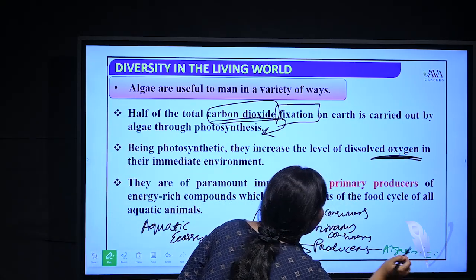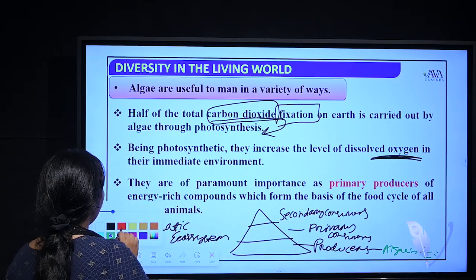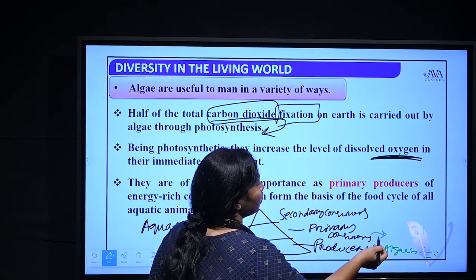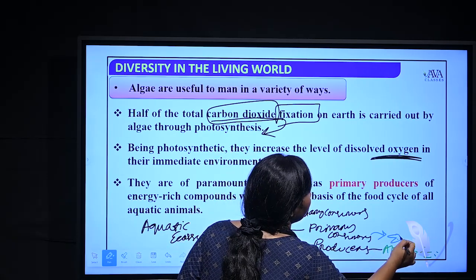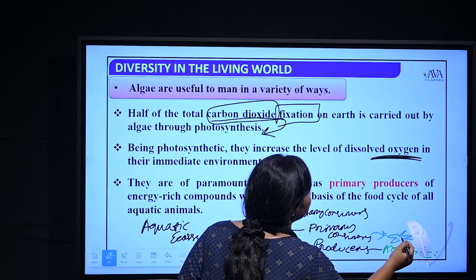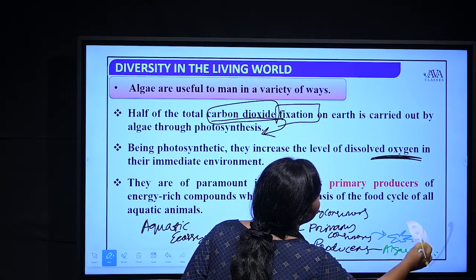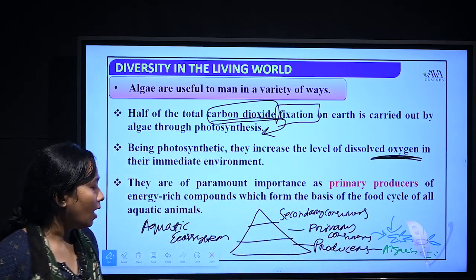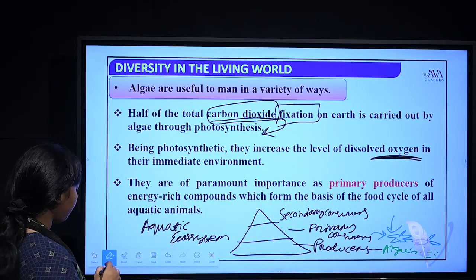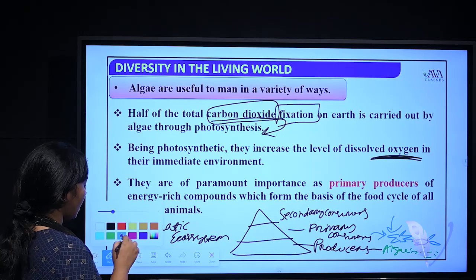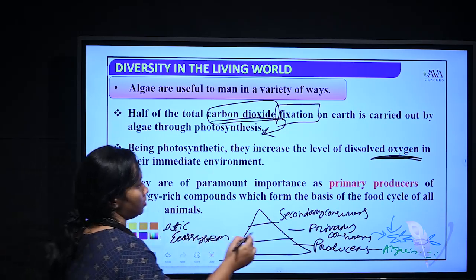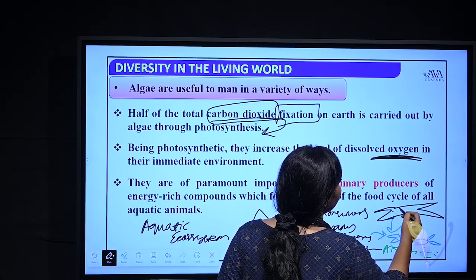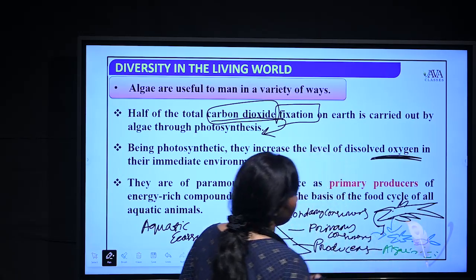This algae is eaten by the primary consumer, it might be small fish, and these small fish are eaten by the large fish. So the large fish are the secondary consumers.